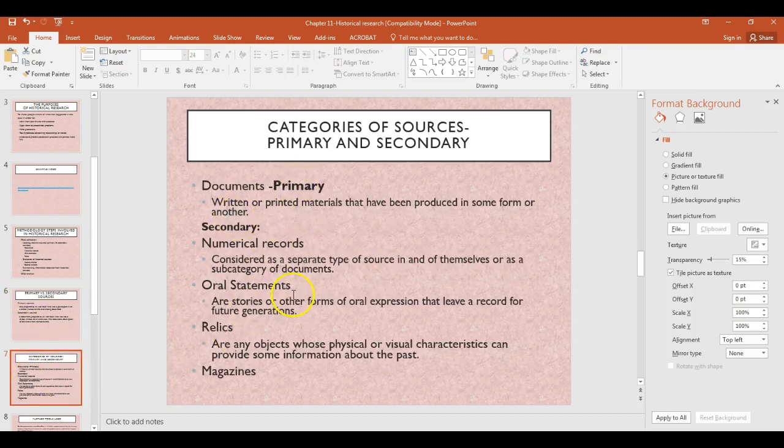So here are more examples of primary and secondary sources.